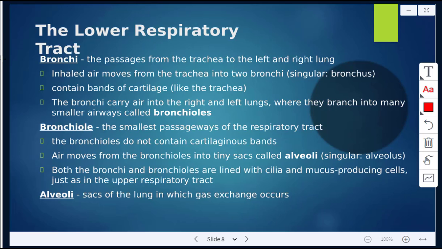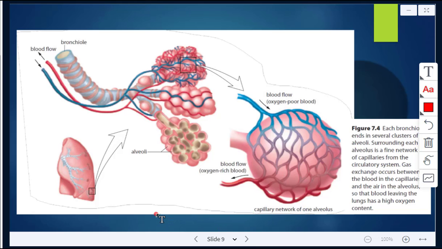And the alveoli are those bulbous sacs of the lung, and that's where gas exchange occurs. So here we're looking at an alveolus. All right, so we have the lungs, and we're just looking at it close up here. The bronchiole, which came from the bronchi. The bronchioles are those smaller tubules, and then they end in these alveolus or alveoli sacs.